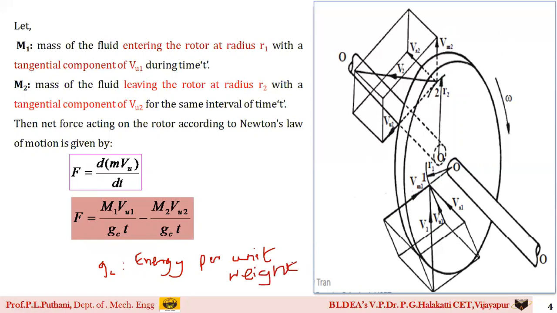No, it is not due to gravity. It is just energy per unit weight, and its value is always one itself. Just for simplification purposes, we take this symbol in our calculation from now onwards. Its value is one, but we cannot remove gc from the equation because it is representing energy per unit weight.